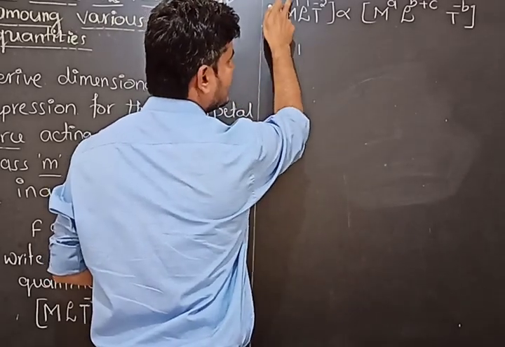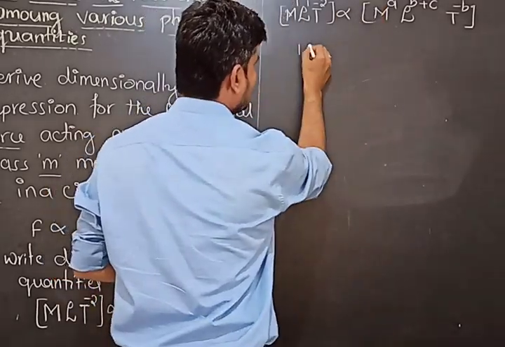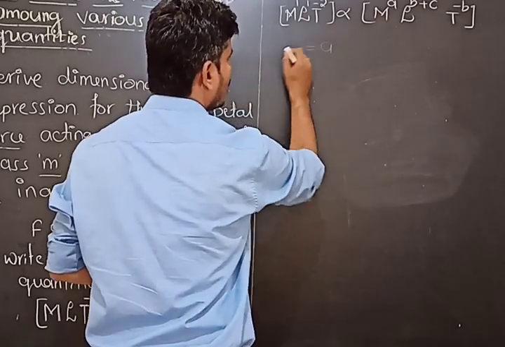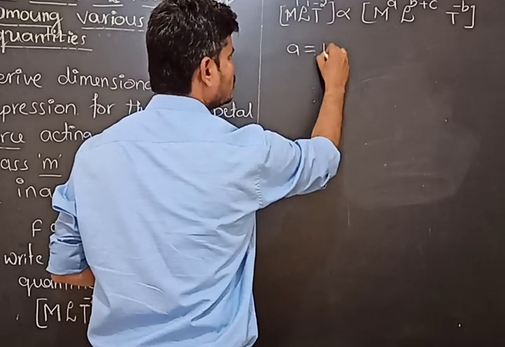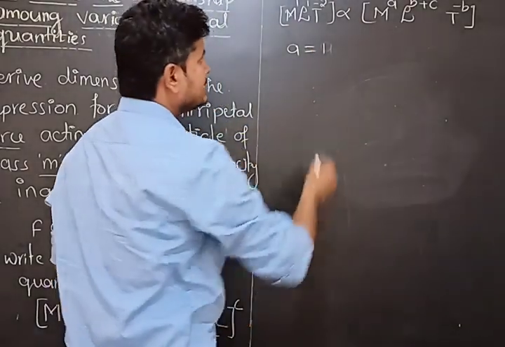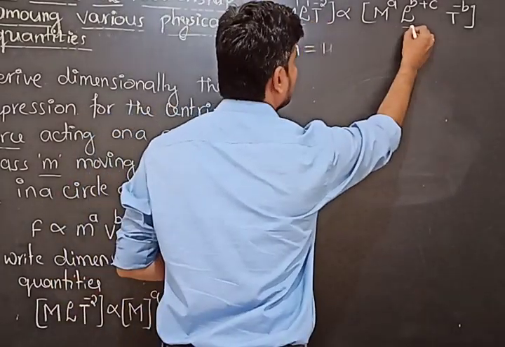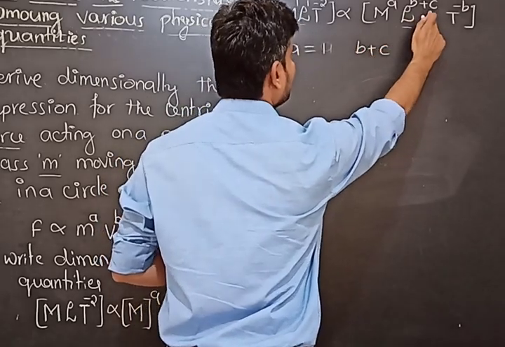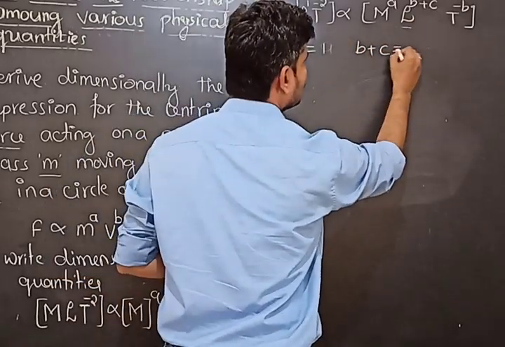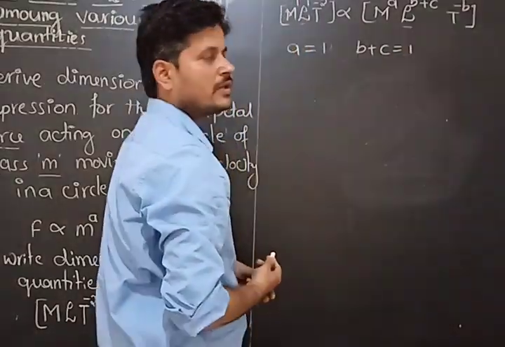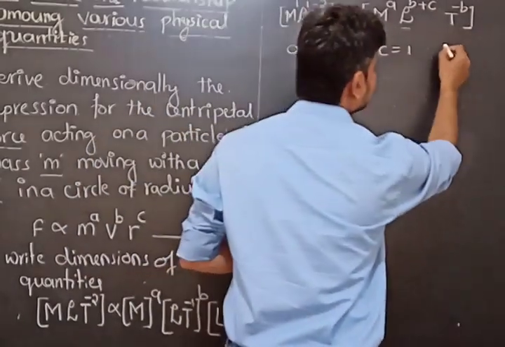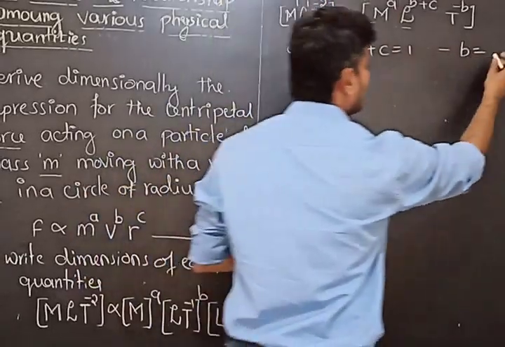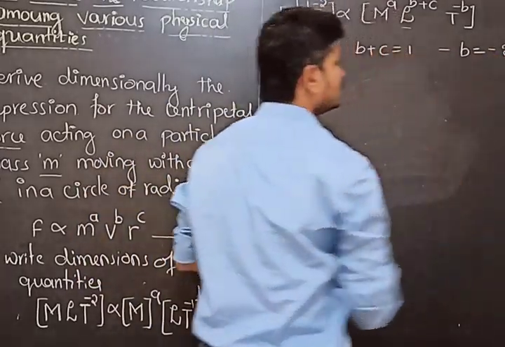M raised to 1 is there, and here m raised to a is there, so a is equal to 1. Similarly, for L, b plus c is equal to 1. Next, minus b is equal to minus 2.